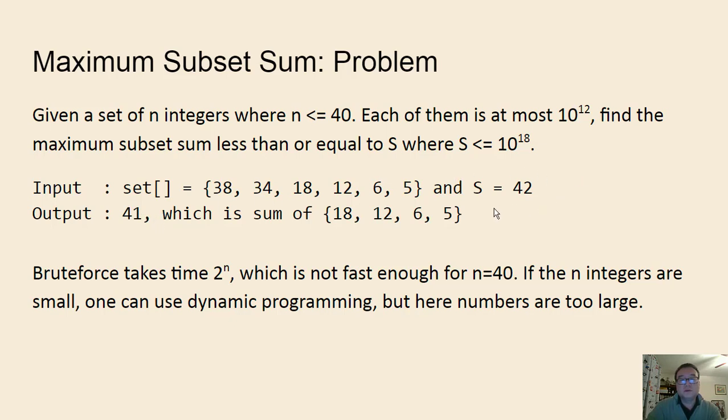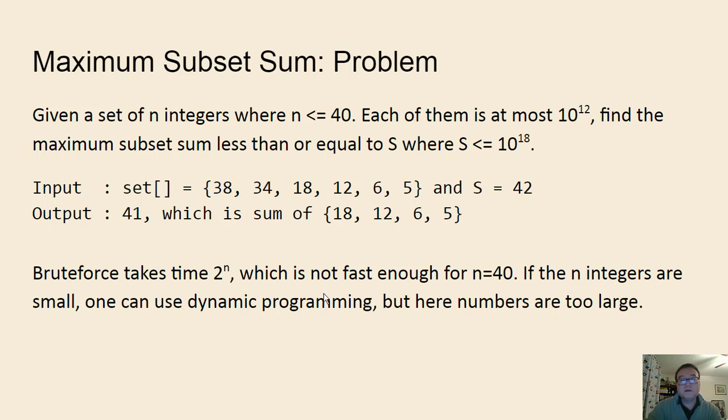Obviously the problem can be solved by brute force, by enumerating through every subset, computing its sum, and seeing which one is the closest to S. But this will not be fast enough if n is 40, because we need essentially 2 to the n times n.